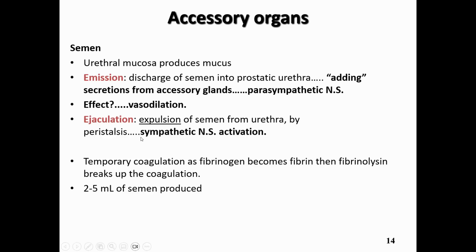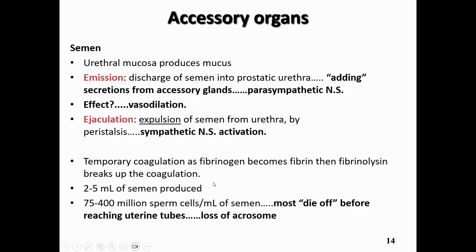With each ejaculation, approximately 2 to 5 milliliters of semen is produced, and anywhere from 75 to 400 million sperm cells per milliliter of semen is generated. So you can see a rather wide range of cells that are contained within semen.